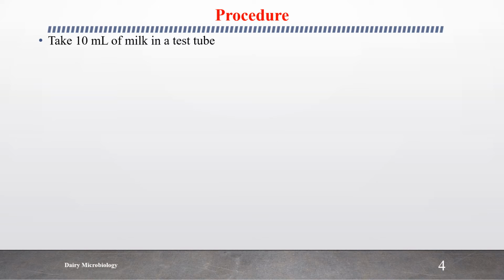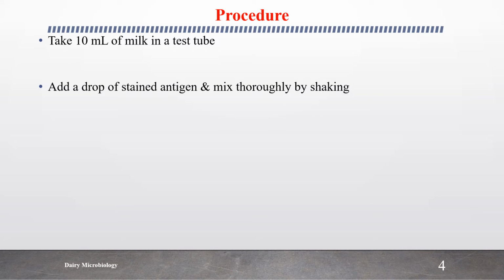So, the procedure: pour 10 ml of milk in a test tube. Then add a drop of stain antigen and mix thoroughly by shaking.